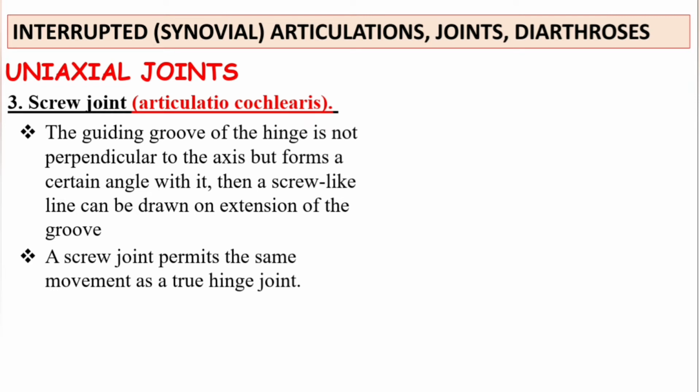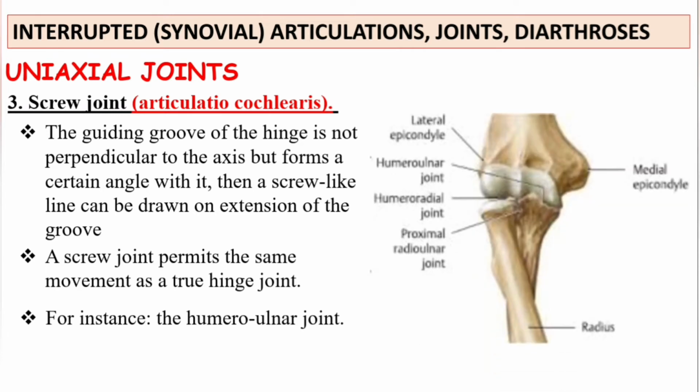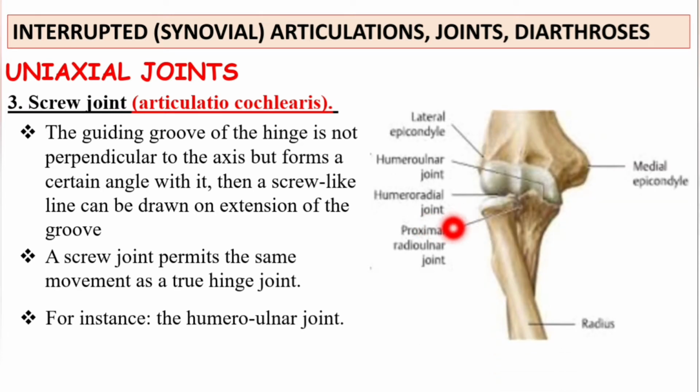So the movements are the same as in the true hinge joint. You can see here, I'm sure it should be humeral radial, not humeral ulnar. That's where the screw-like shape is formed.